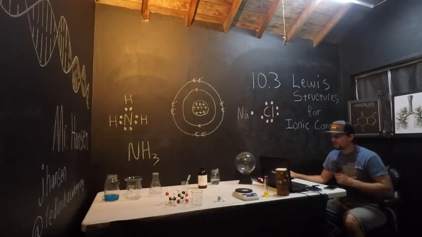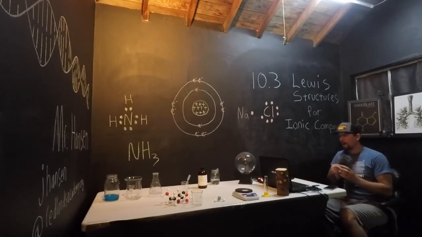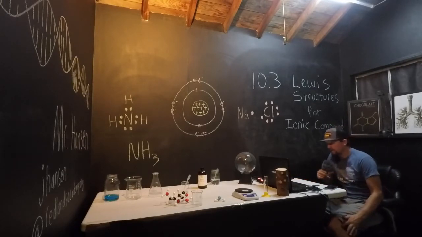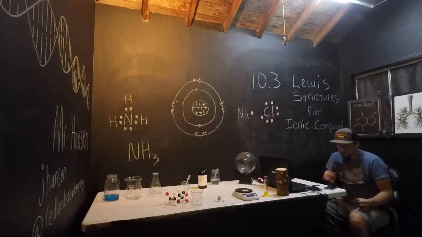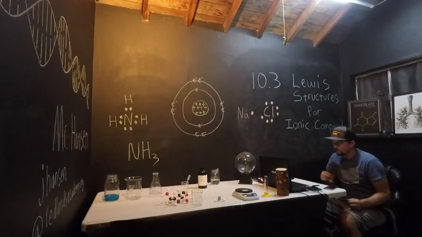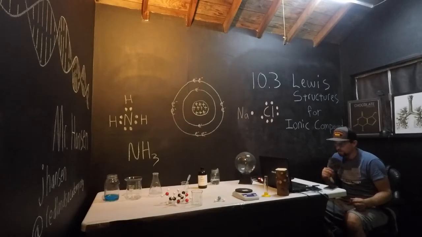And so for ionic compounds, we're going to be giving away and taking electrons. Now, how do we represent the movement of those electrons using electron dot diagrams? Well, these are kind of tricky because they show the final result of the story, but they don't really show the story taking place.